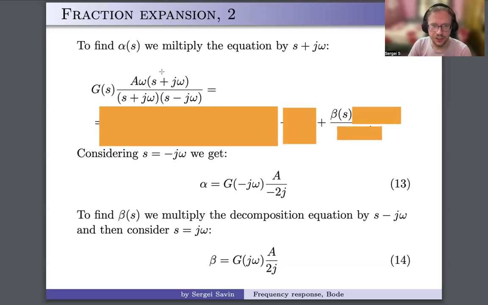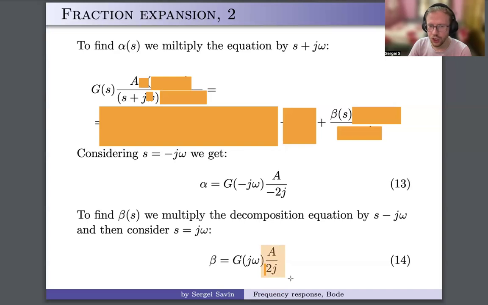And the only difference here is that we would have a minus here, right? So it'll be S minus j omega. That's what we multiplied through. So this will go away, right? And S would be allowed to approach j omega. So we have 2j omega here. Omega will go away. And what we'll have is just this guy here.